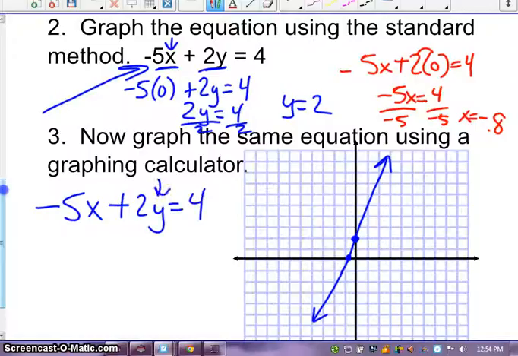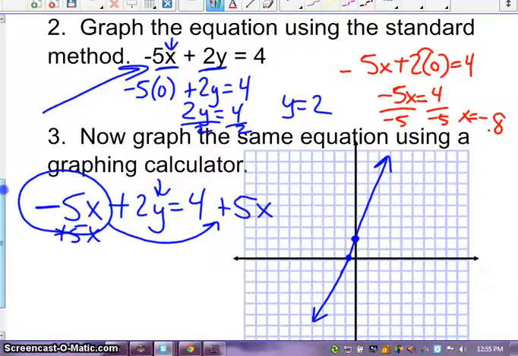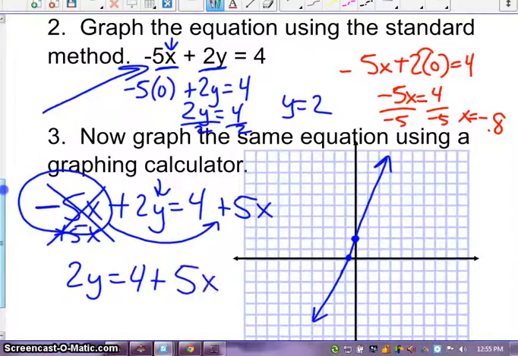But we want to get this y by itself. So we need to get this -5x over to the other side. To get it over to the other side, you do the opposite of what the sign says. We're going to add 5x to both sides. So that goes away, and we're left with 2y equals 4 plus 5x.